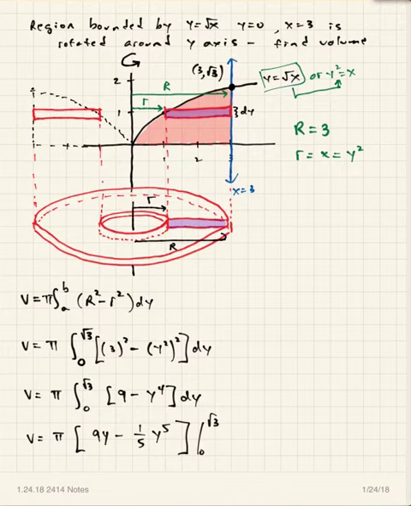And so continuing over here on the right, the volume would be pi times 9 times the square root of 3 minus 1/5 times the square root of 3 to the fifth. And the lower limit's going to be 0, so I don't even have to worry about the lower limit here because that's 0.